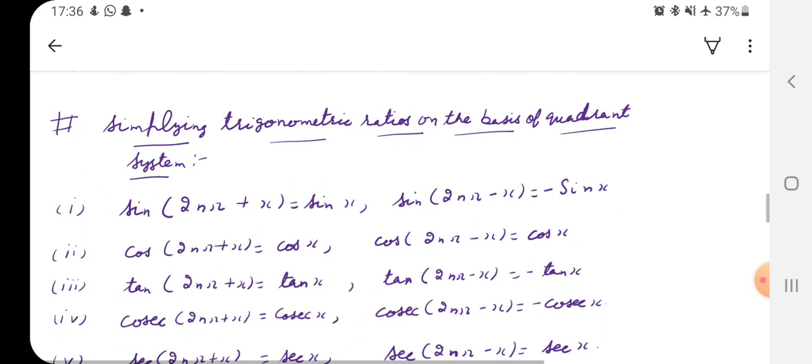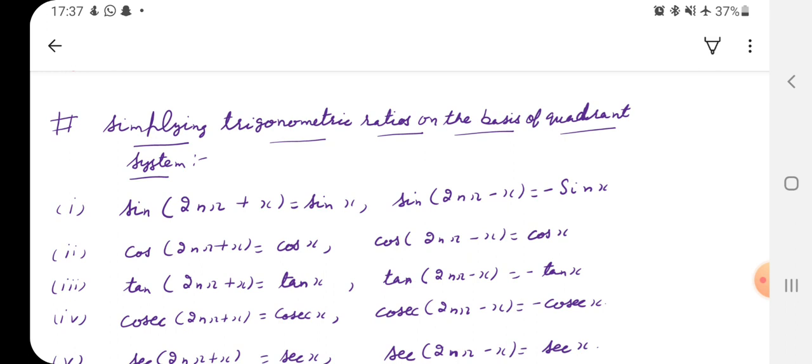Now simplifying the trigonometric ratios on the basis of the quadrant system. If I add 2n pi to any angle, it will remain the same, whether it is sine, cos, tan, cosecant, secant or cot, any of the trigonometric ratios. If I add a multiple of 2 pi, that means a multiple of 360 degrees, then it will remain the same.